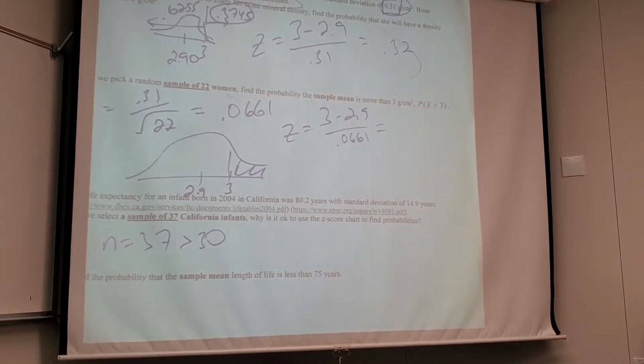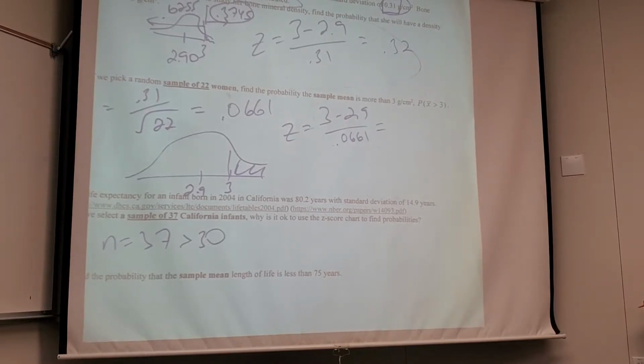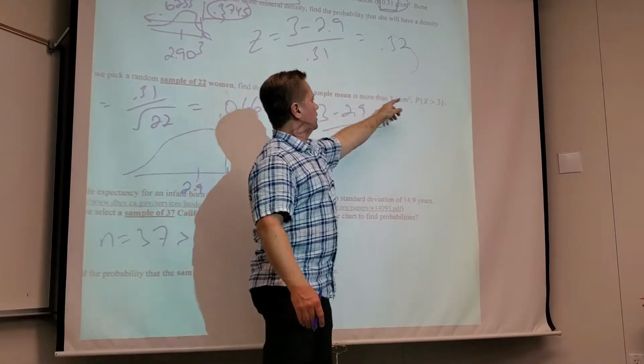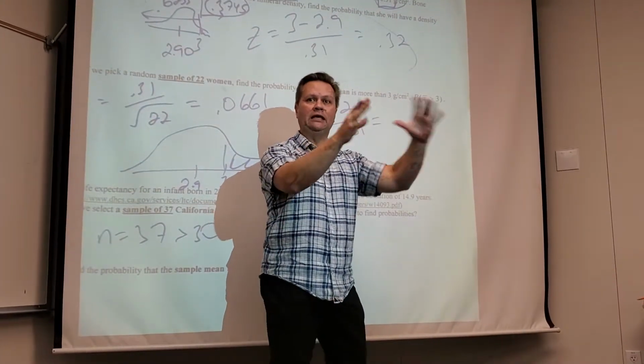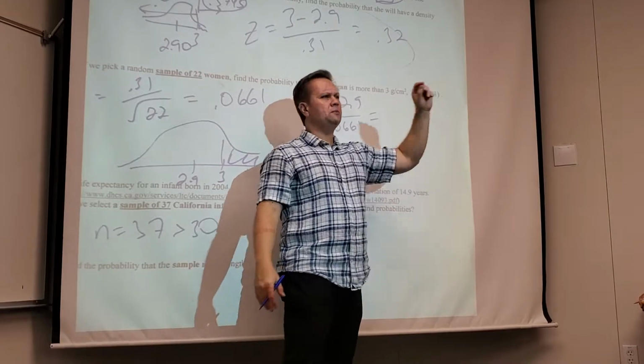Okay. Yes? So we know to use that top equation when the question asks about the sample mean. So if I did take a group of 22 women, what's the probability that those 22 women had a mean bone density of more than 3? Should that be more or less likely?